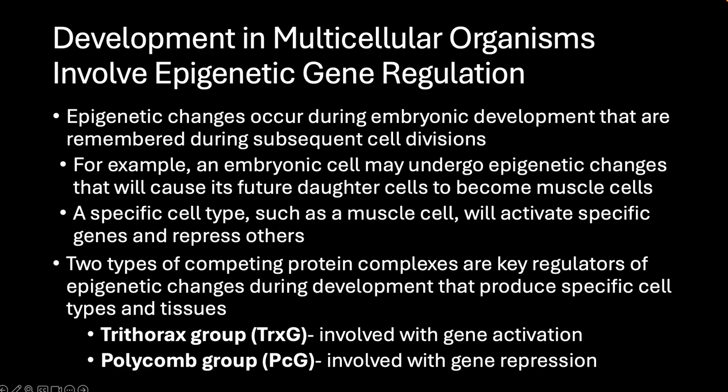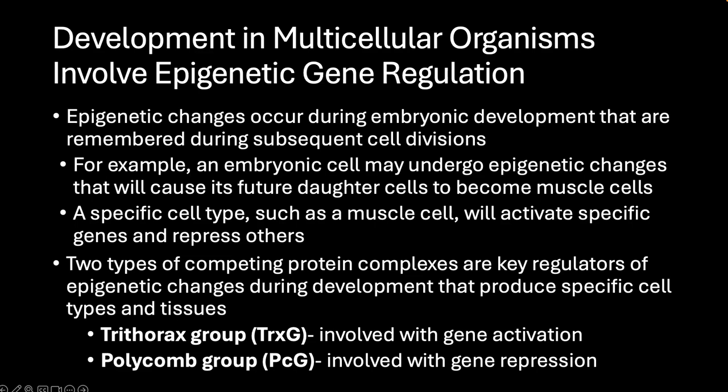The last example is the formation of specific cell types in multicellular organisms. At some point during early embryonic development, a cell undergoes an epigenetic change, which marks it to become a specific cell type. In this cell, the tissue-specific genes are active for that cell type along with the general housekeeping genes.